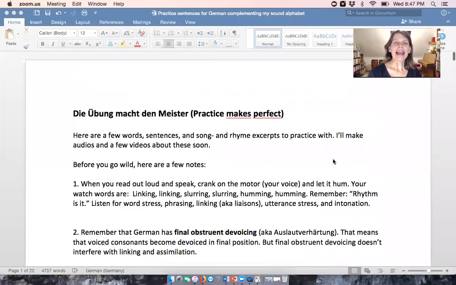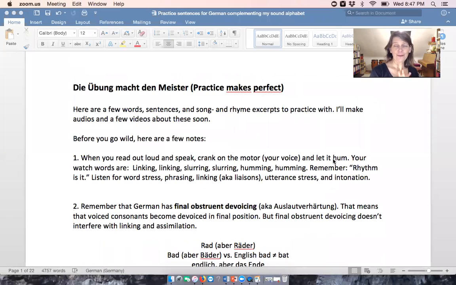Okay. The first thing I want to tell you is that I would like you to think of your body in terms of a musical instrument. And when you use language, you're singing a song. When you listen to a language that you do not know at all, you will notice that you do not know where words begin or end in the flow of speech.